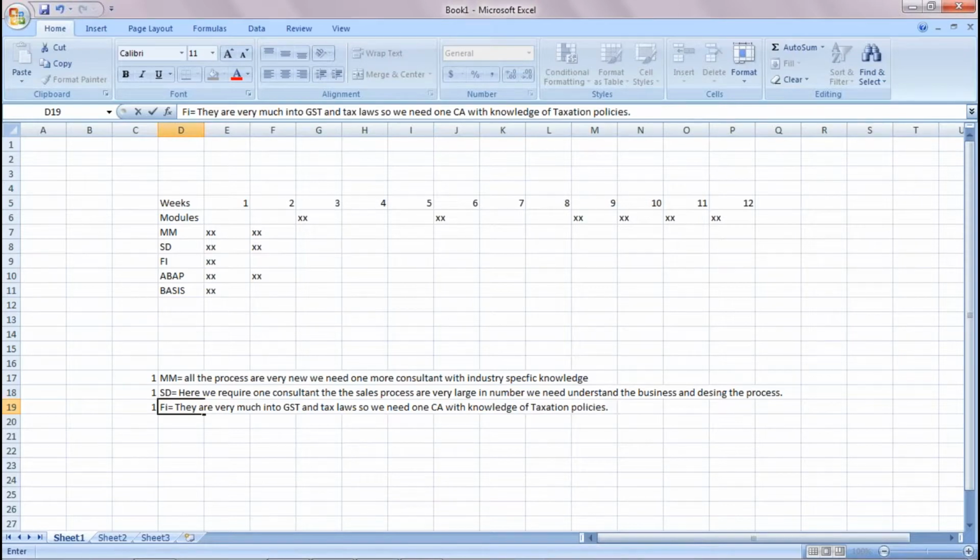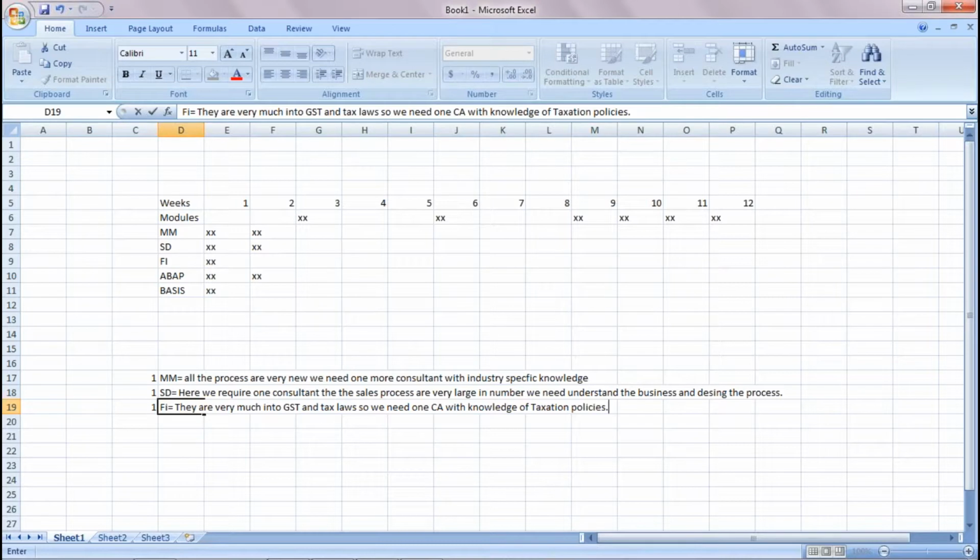We need here, when the FI team comes, they have seen that these people are very much litigated about the taxes and the GST policies. The process is very new.